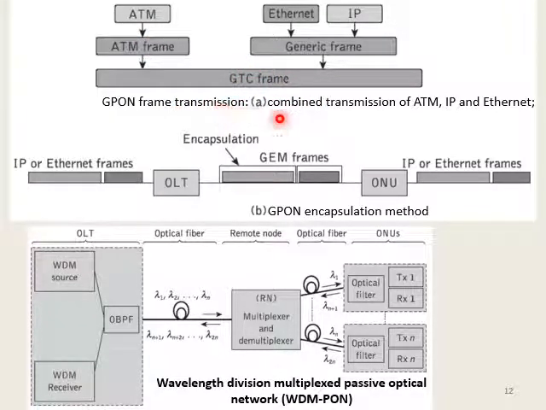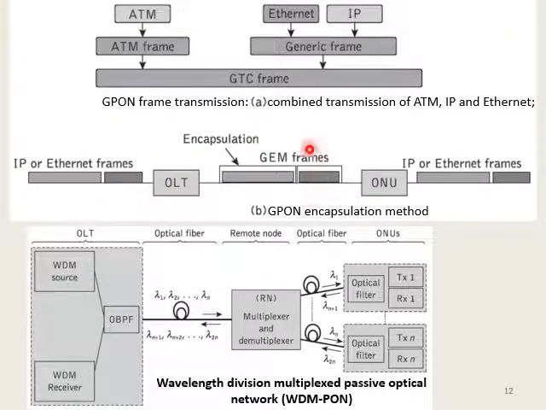In GPON frame transmission, ATM, Ethernet and IP are transmitted together with respect to the GTC frame. Then it is encapsulated, combined with many GTC frames, and GEM frames can be formed. This is what we call the GPON encapsulation method.